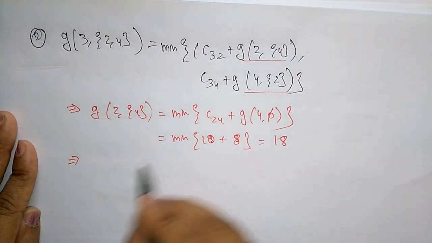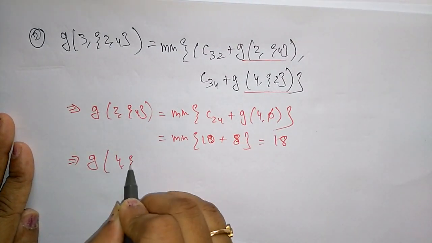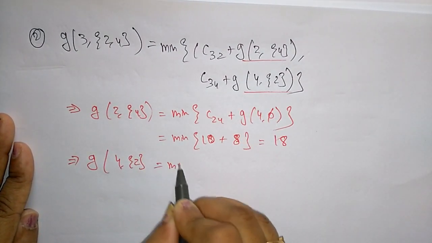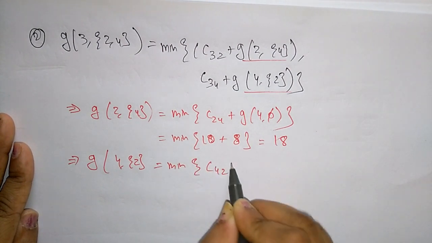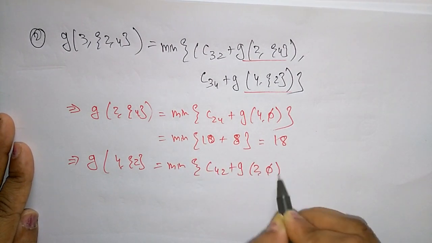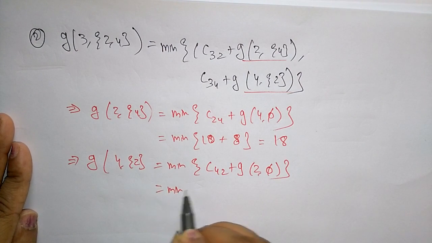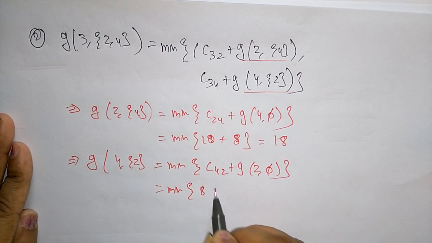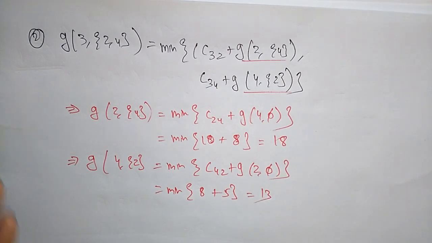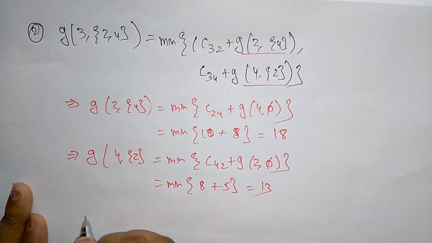Next g of 4 comma 2, the minimum of C42 plus g of 2 comma 5, that is 8 plus 5, so 13. Now substitute these values in this equation.